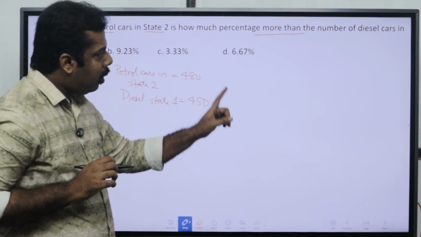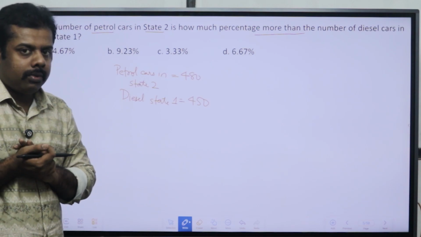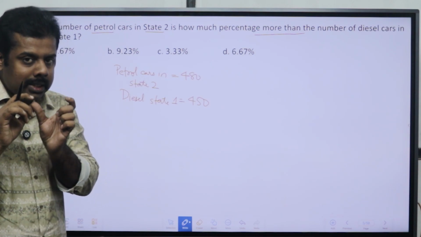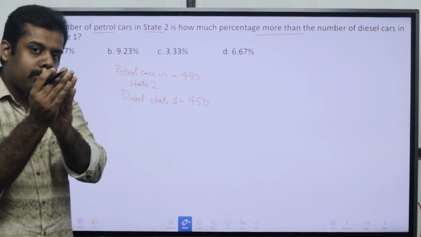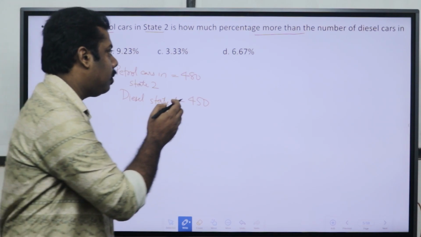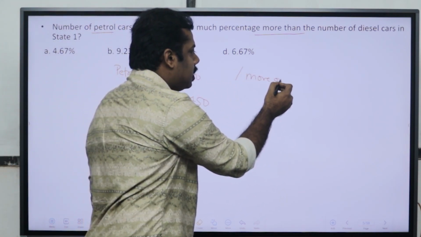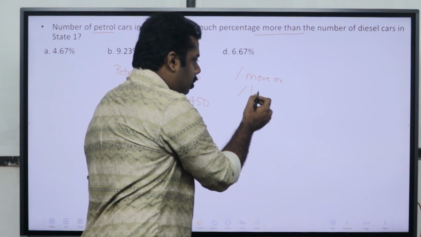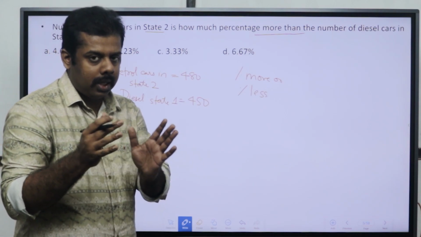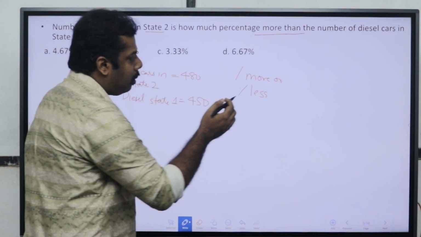We have already studied this concept in the basic class of our percentage, where we stressed how we can find this if they are asking percentage more or percentage less. We had discussed the same formula for both situations. So I will repeat the formula. What was the formula?